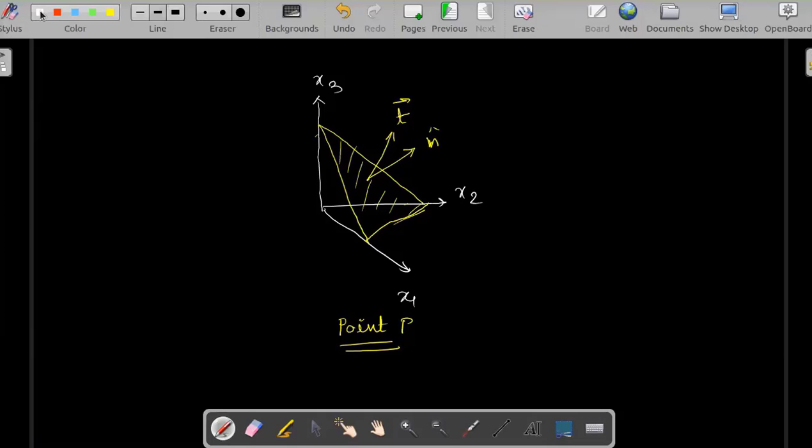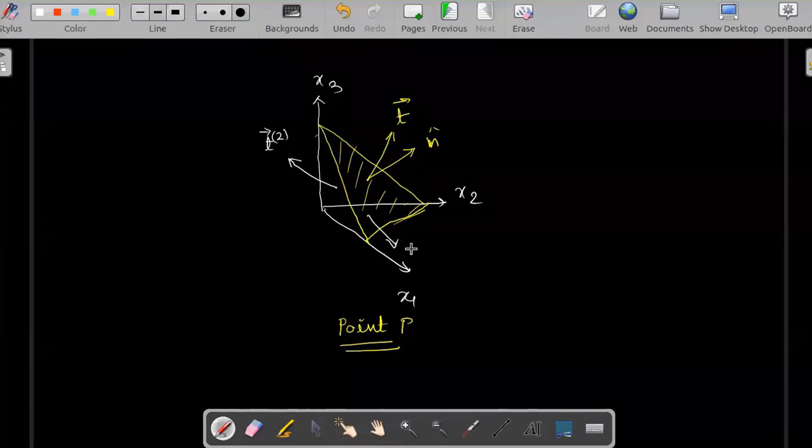Now we have here the x3 plane, x2 plane, and x1 plane, and also we will have the traction vectors. The plane formed by the x1 and x3 axes is the x2 plane, and let's say the traction vector on this plane is t2. The plane formed by the x1 and x2 axes is the x3 plane, with perpendicular direction e3, and the traction vector is t3.